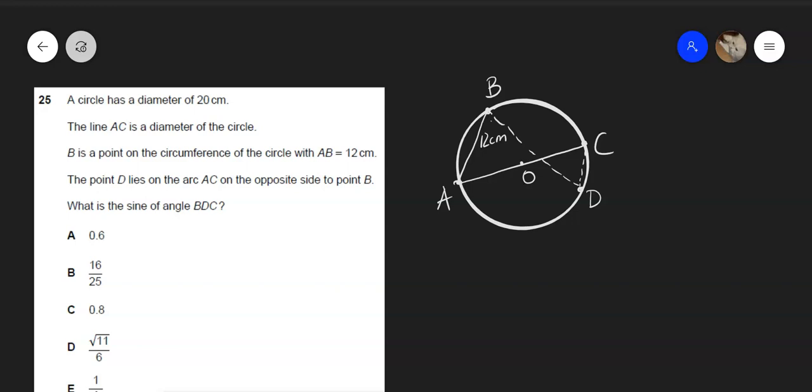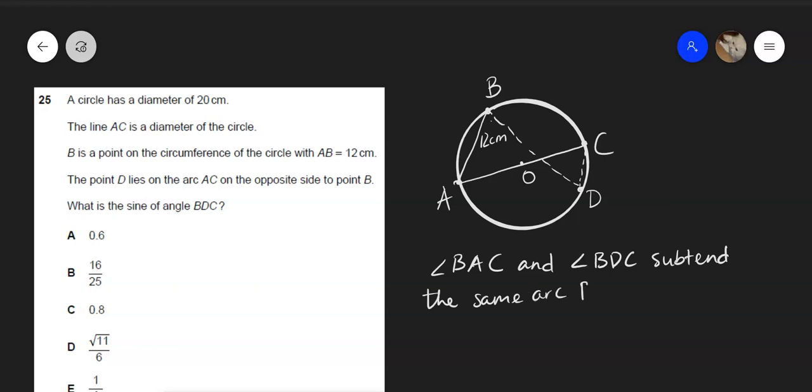As you can see from the sketch, these two angles subtend the same arc. I'm going to write it down. Angle BAC and the angle BDC subtend the same arc, BC. Okay, and I meant this arc here, BC.